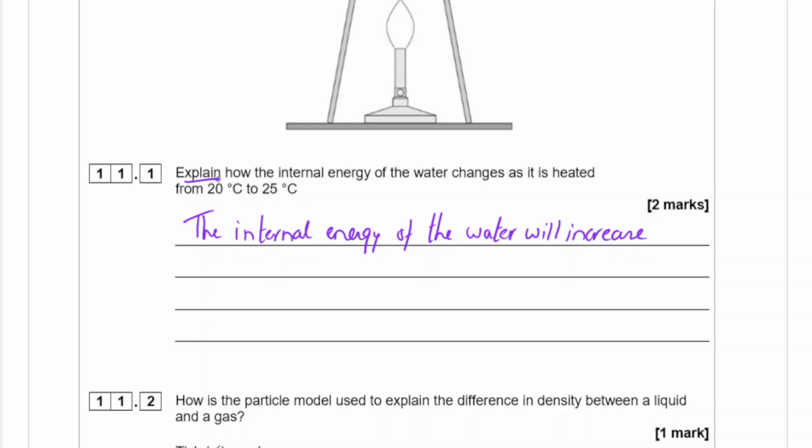Because you are trying to explain, you have to give a reason why. Since the mean kinetic energy of the particles increases.